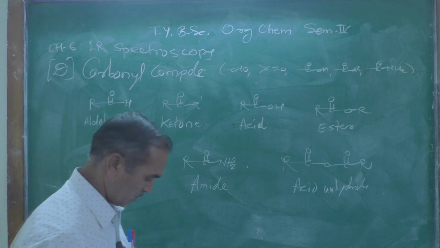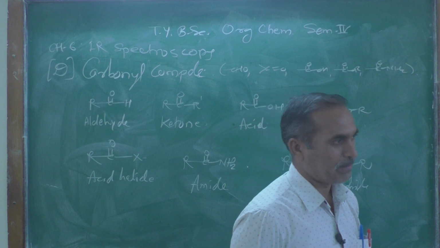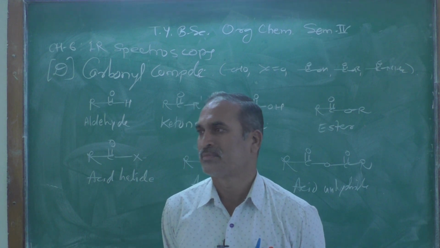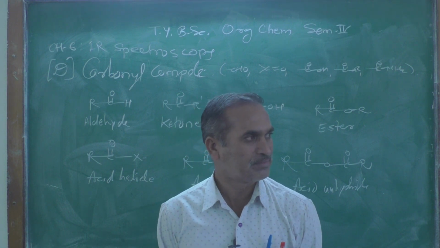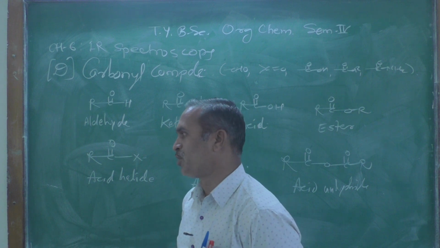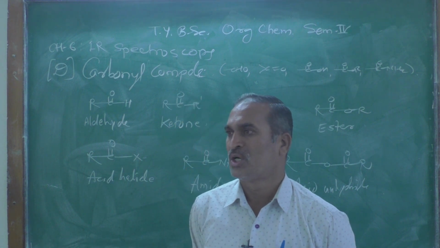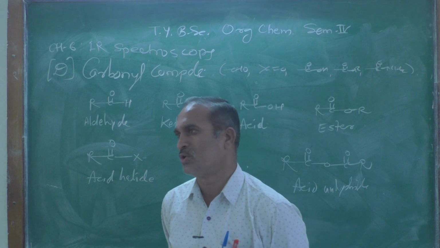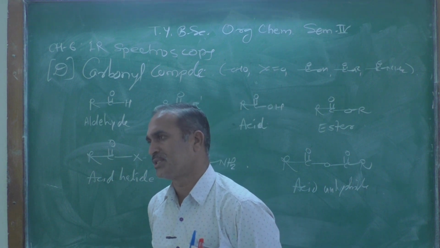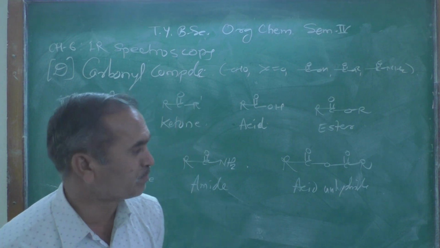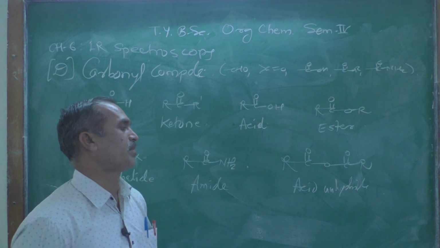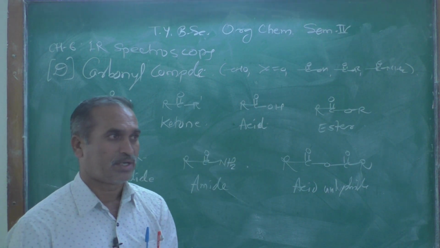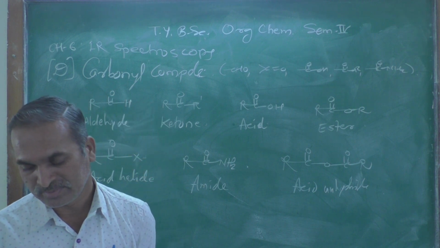How would you prepare this acid anhydride? Acid is heated at high temperature, above 200 degrees centigrade or more, in presence of Al2O3. The resulting compound obtained is the acid anhydride. These are the general trends which we have learned here.